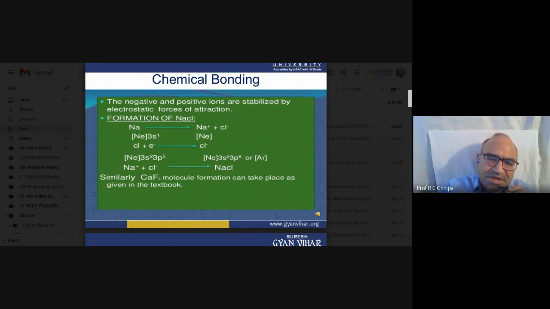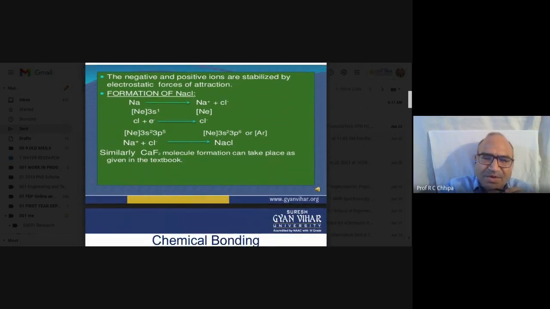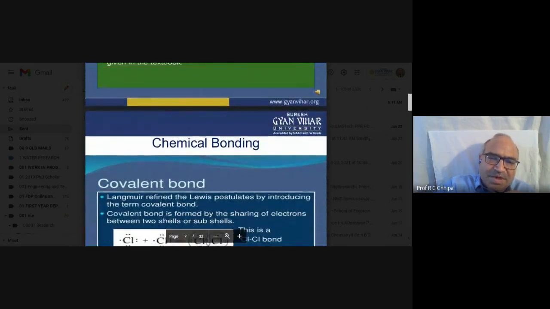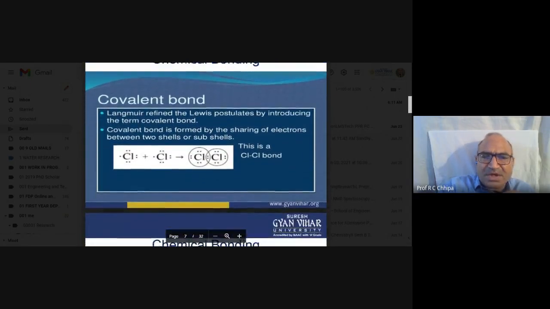This also follows for fluorine, because fluorine has 7 outermost electrons, so two fluorine atoms take 2 electrons from the calcium, forming calcium plus 2.